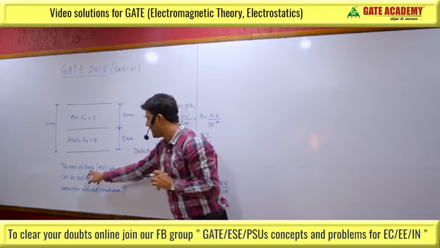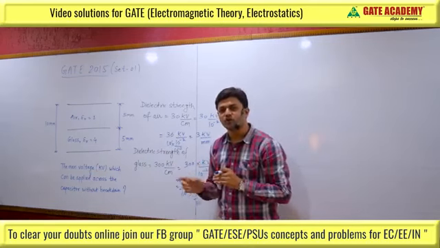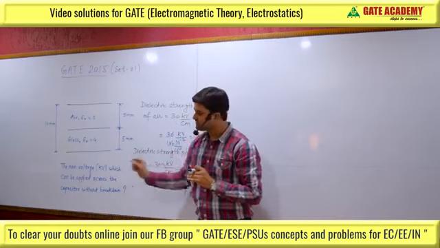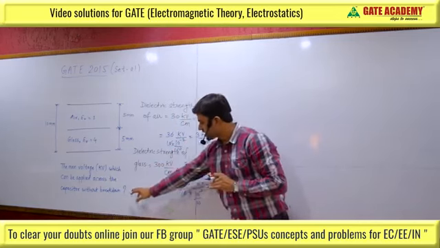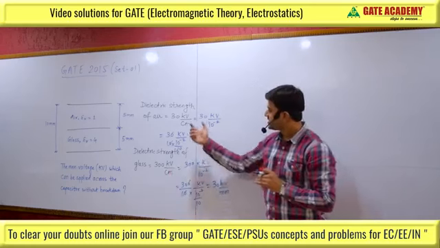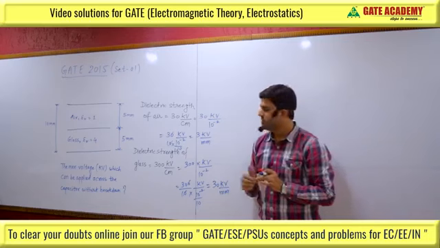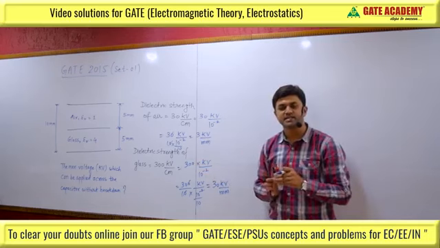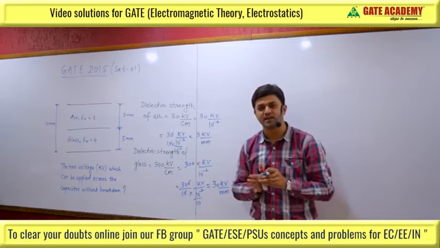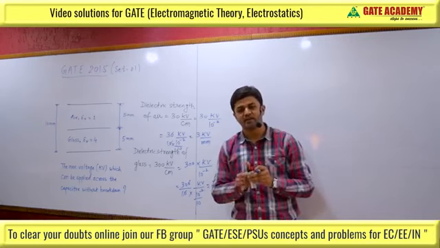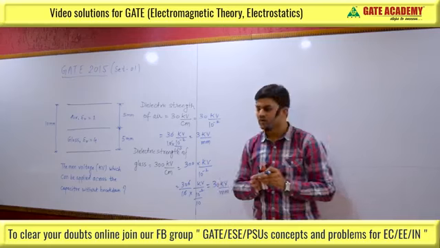We have to find the maximum voltage in kilovolt which can be applied across the capacitor without breakdown. So the word breakdown is used here because of the dielectric strength of air and glass. The dielectric strength means it is the maximum electric field that a dielectric can tolerate or withstand without breakdown.